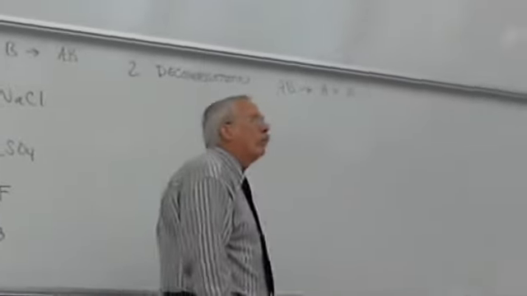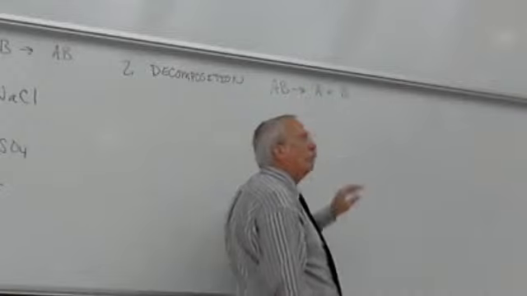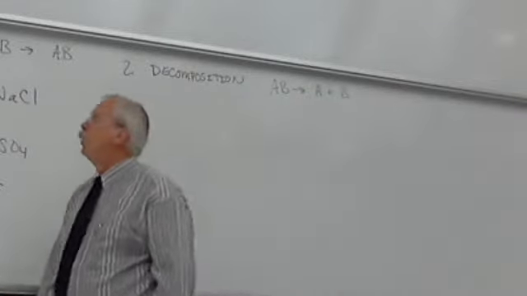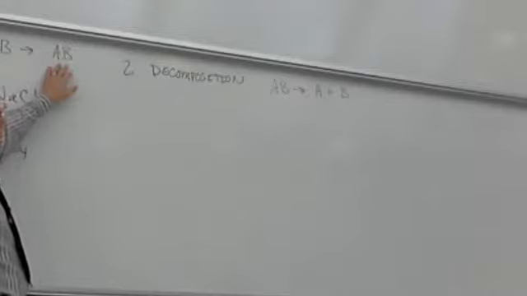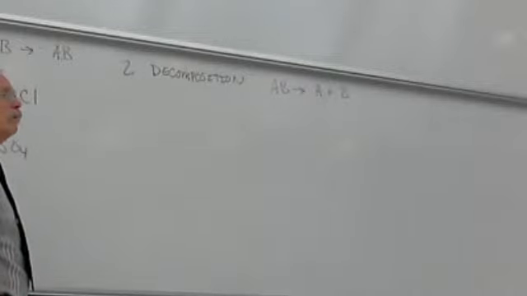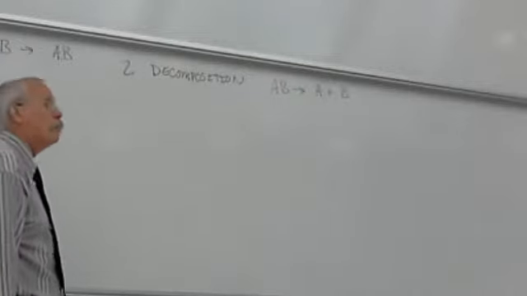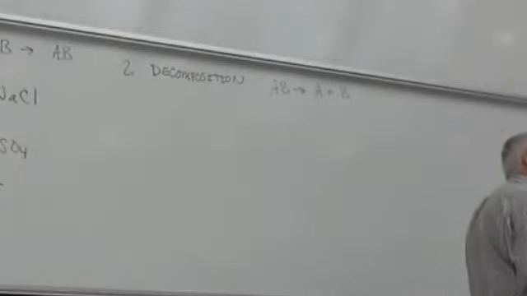Products always on the right. Okay, so that's different from number one though, right? No, it's not. Your products are on the right. This becomes a product, and these are the reactants. I'm confused, you just switched those around. Yes, they're opposite reactions from each other. In one case something is the reactant, in the other case something's the product.